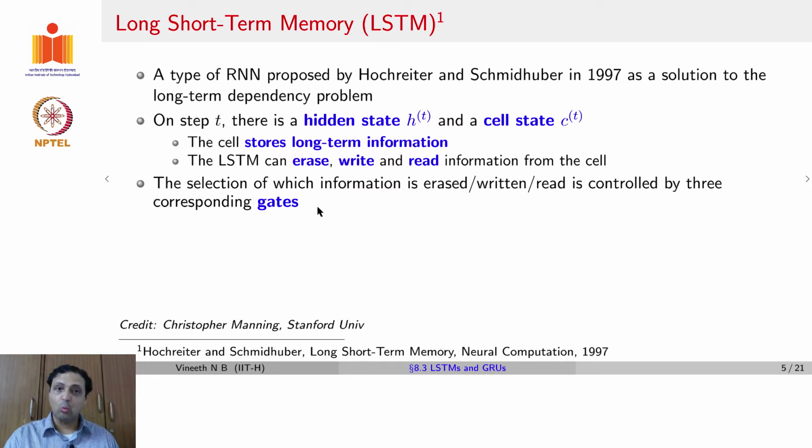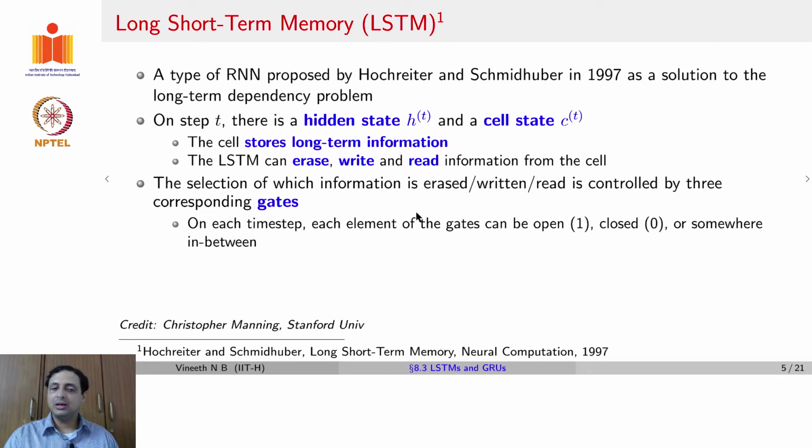The selection of what information you can forget or read or write is controlled by 3 gating mechanisms, one for erasing, one for writing, and one for reading. On each time step, these gates could assume values: open, which would be 1, which would allow all the information to pass through; closed, which would be 0, which would not allow any information to pass through; or somewhere in between.